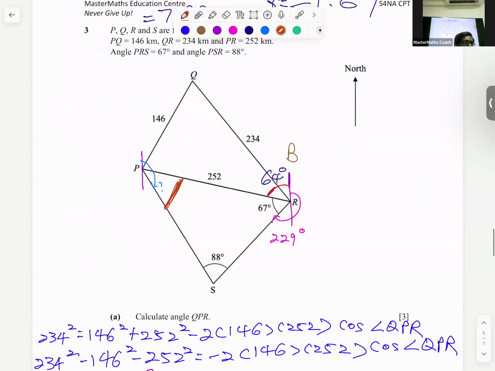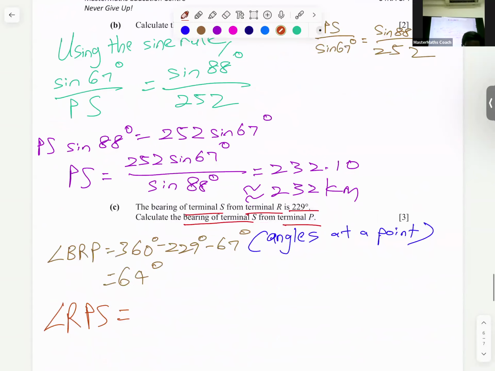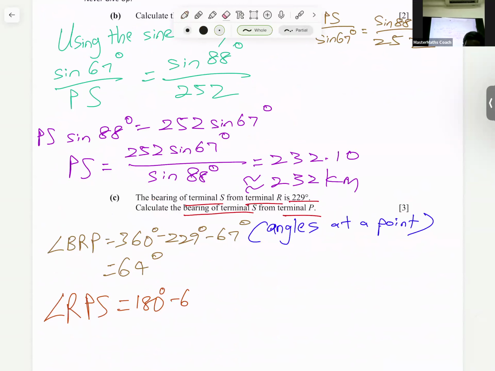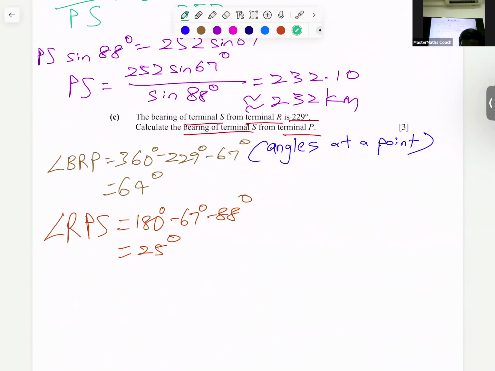It's a triangle, right? Okay, so it's just 180 degrees minus 67 degrees minus 88 degrees, which is 25 degrees. Okay, this will be angles in a triangle. If you want to put angle sum of triangle, also can.